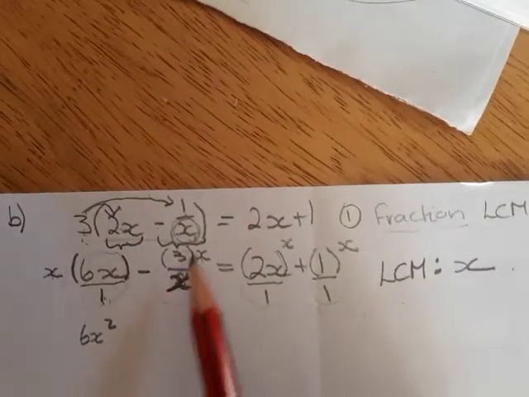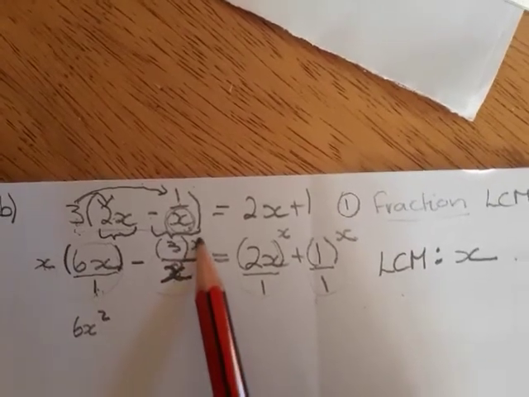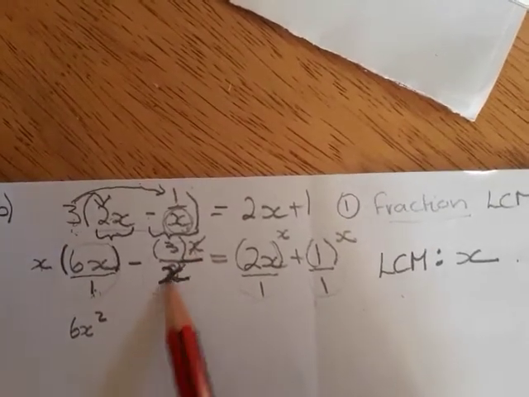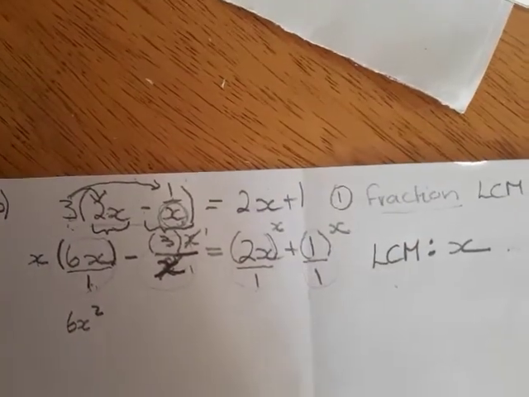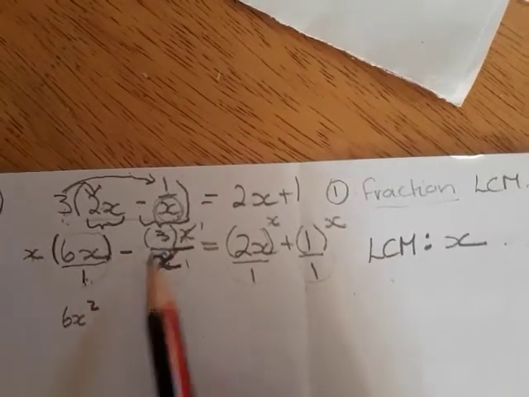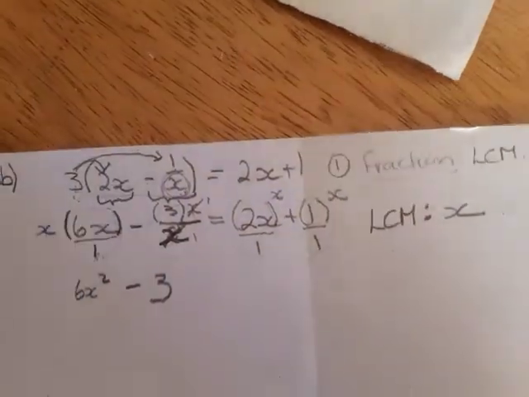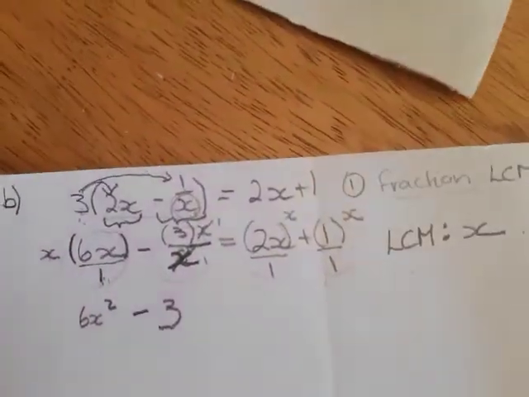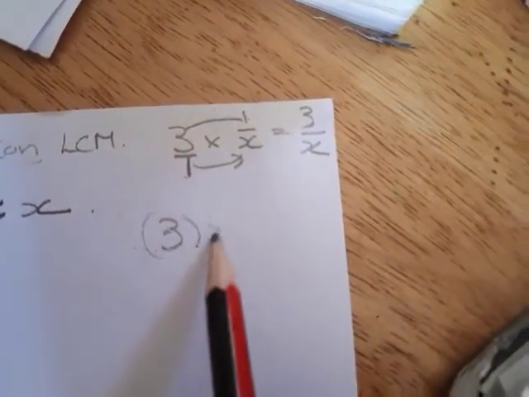Now, if you look at your second term, 3 over x times x. So x divided by x. Remember, if we divide 2 of the same numbers, it gives me 1. So then you've got negative 3 left. Let me just do this slowly again. I will show you here on the right hand side. We've got 3, which we multiply by x, and the 3 has got a denominator of x.